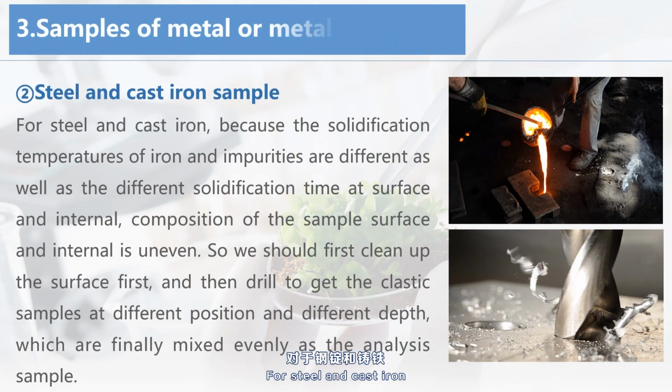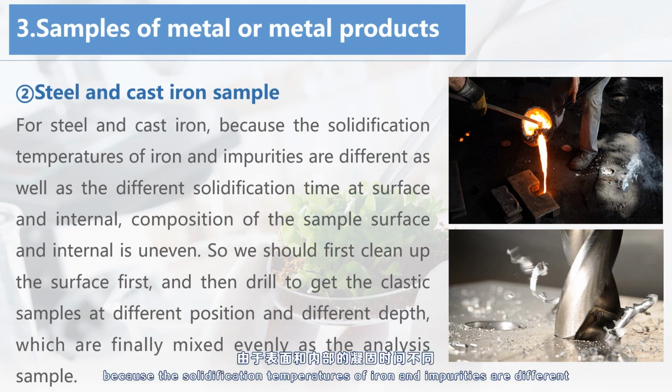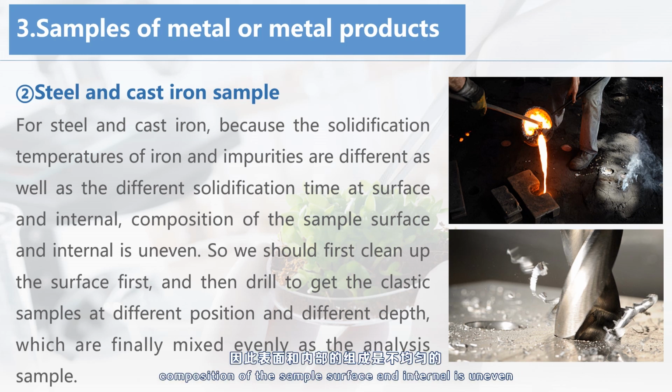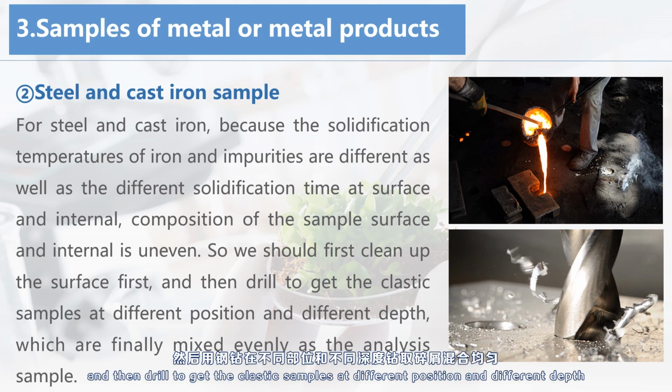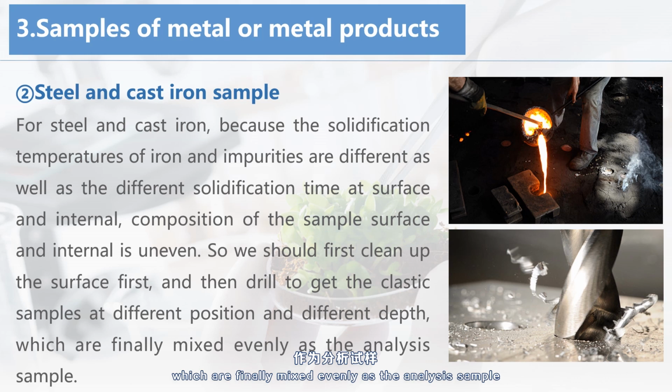For steel and cast iron, because the solidification temperatures of iron and impurities are different as well as the different solidification time at surface and internal, composition of the sample surface and internal is uneven. So we should first clean up the surface, and then drill to get the clastic samples at different positions and different depths, which are finally mixed evenly as the analysis sample.